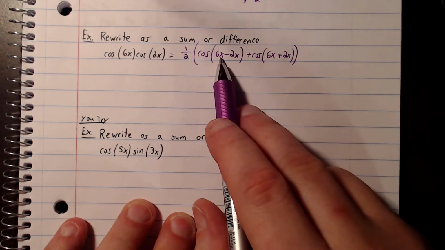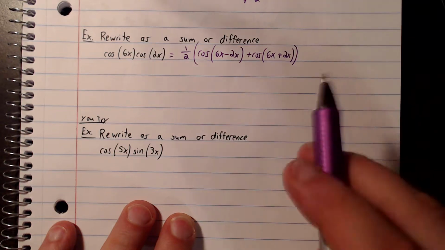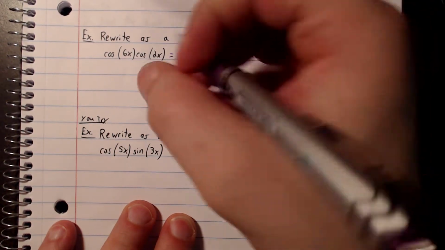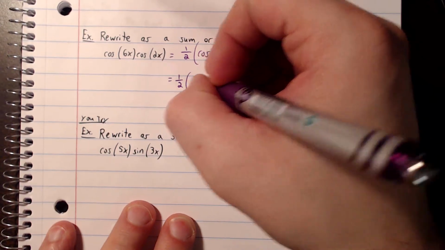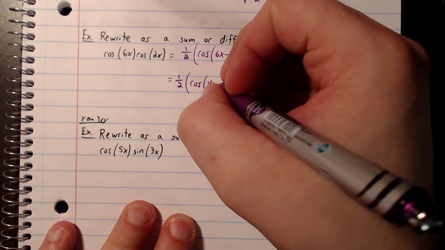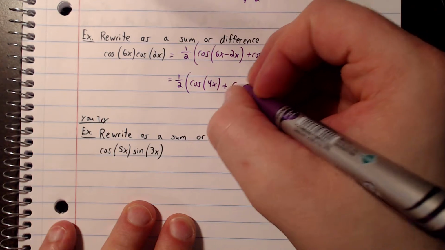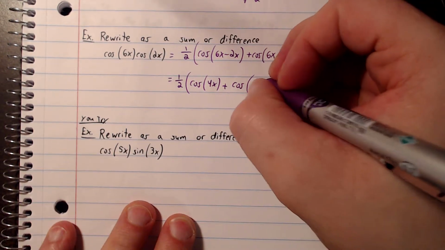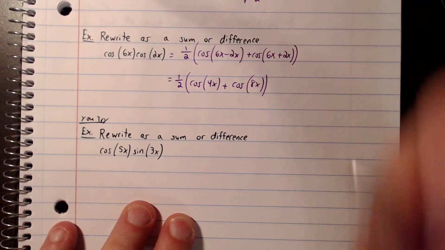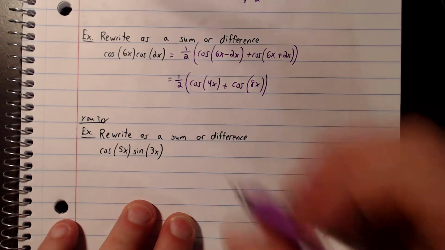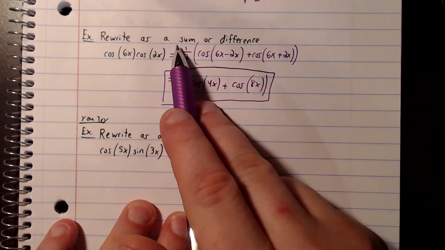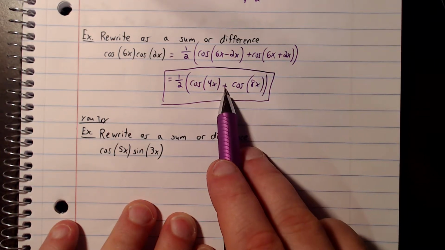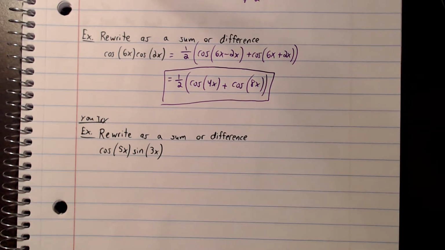So all I've done is just replace each of these values into the formula. Now I have to just simplify. 1/2 times cosine of, let's see, that's 4x, plus cosine, that's going to give us 8x. That's it. That's our answer. It just said to rewrite as a sum or difference. That sum, that's all they're asking for.